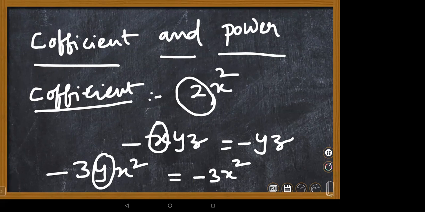Here 2 is there, minus 3 is there. These are the numerical coefficients. If they ask about x square, y square or z square coefficient, the rest completely is the coefficient. This is the major difference between numerical coefficient and general coefficient.